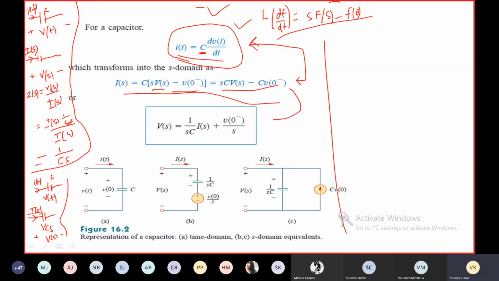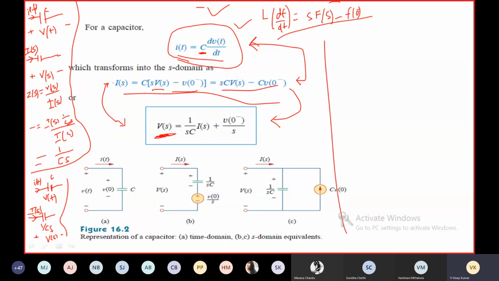From this equation, you can get the voltage. V of s is equal to 1 by SC times I of s plus V of 0 minus by S. From this current equation in S domain, you can get the voltage in S domain.